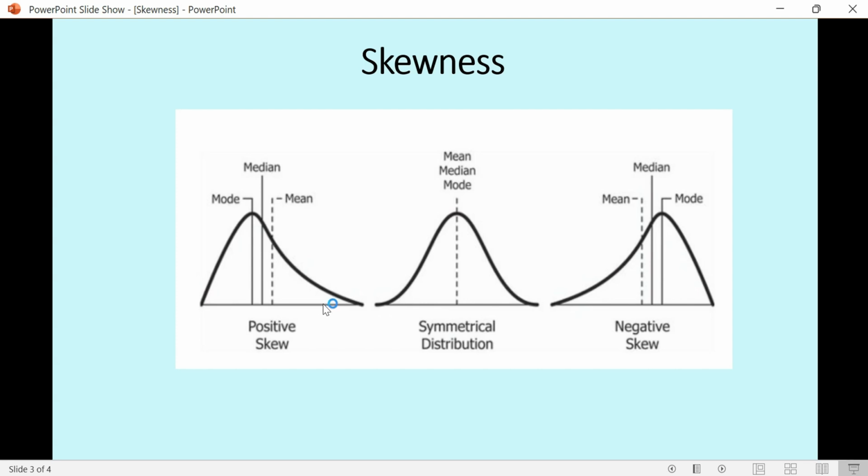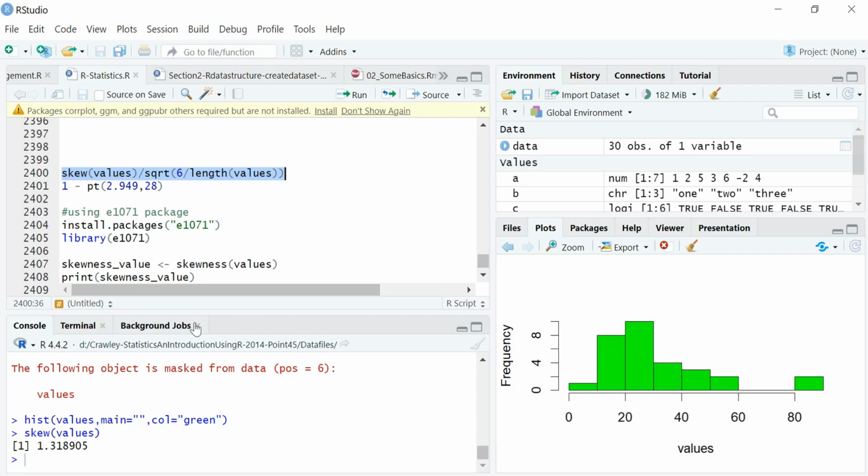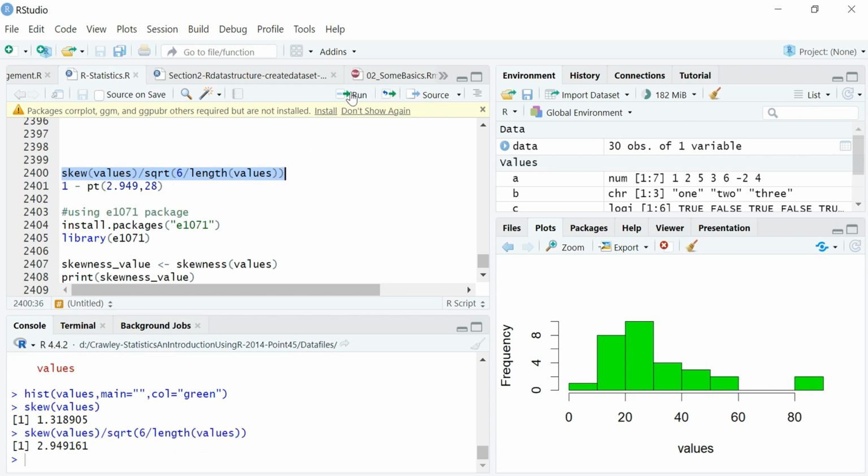So the p-value actually is 1 minus this left side's area. The p-value is on the right side, a very small area, a small probability. In this example, the calculated value is 2.949, so we can use 1 minus pt of this value with 28 degrees of freedom.